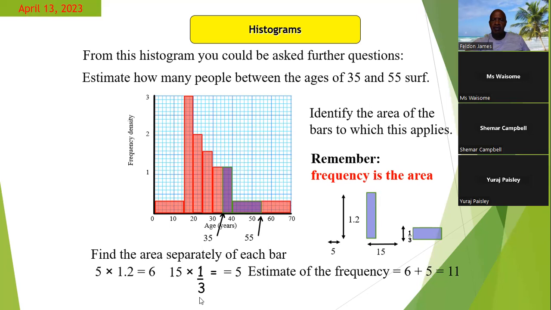The area of one bar is 6, the area of the other one is 5. You add the two of them, and now you get 11. So the estimated frequency of the number of persons from ages 35 to 55 would be 11 persons. All right, I hope you get that.